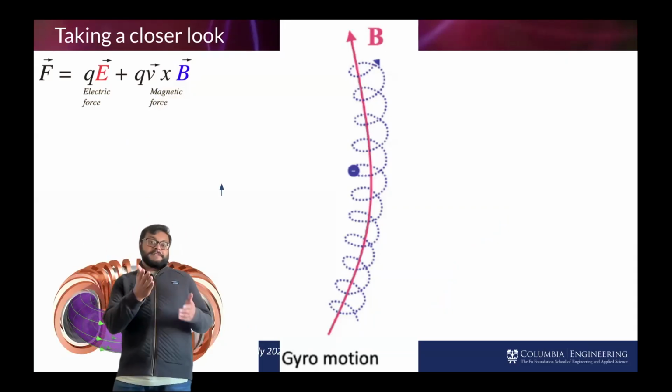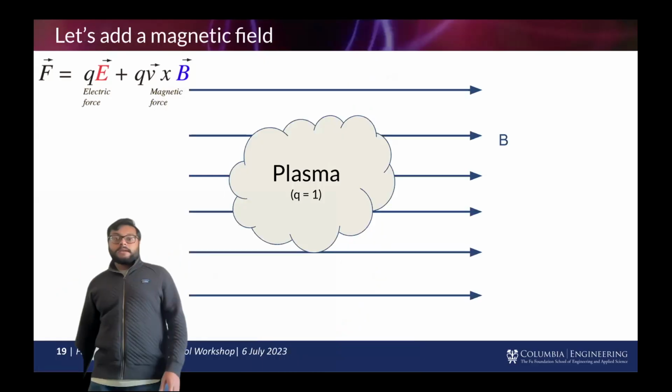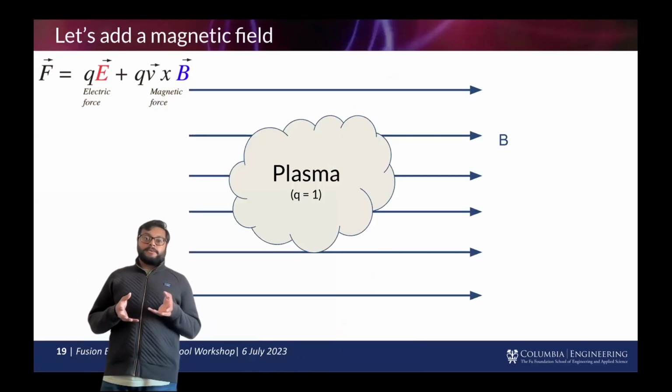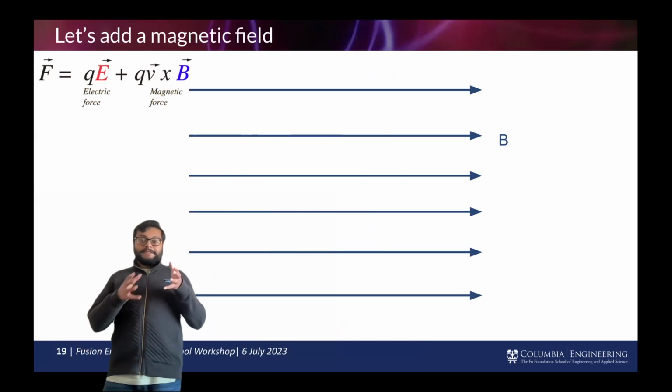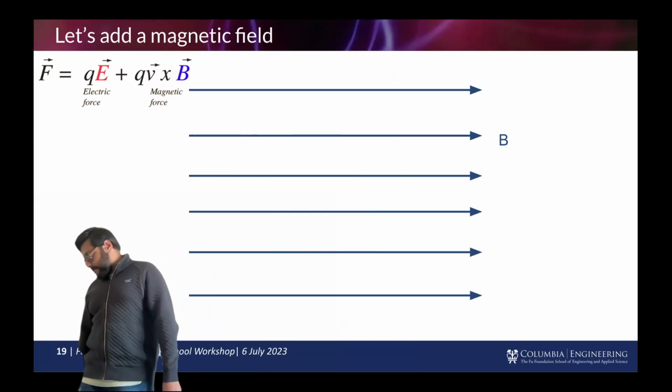In this case, for electrons, it'll feel a force. And so essentially we can confine our plasma with these magnetic field lines. So you put the plasma in the magnetic field, and the plasma follows these magnetic fields.